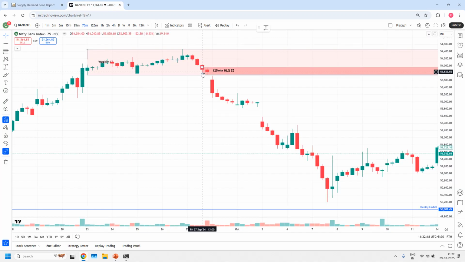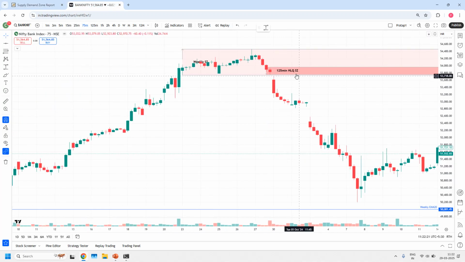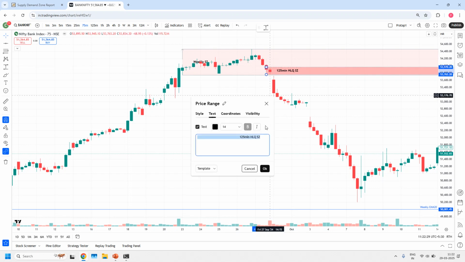One base candle, drop candle. That means the 75 minutes HLQ supply zone and the 75 minutes supply zone are almost the same, but slightly the risk might have been reduced. So what I do, same thing, I will keep the 75 minutes supply zone. They are almost the same, both.